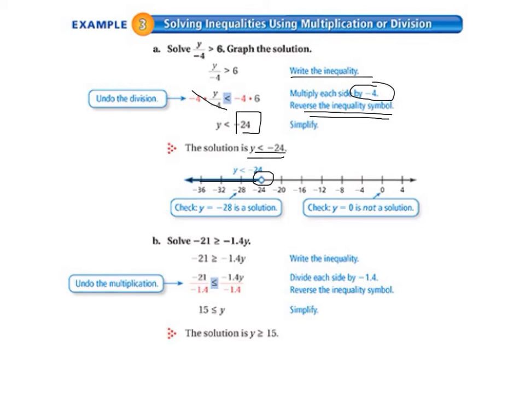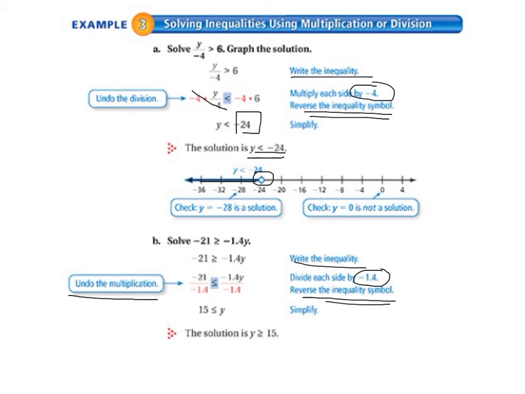Letter B says solve negative 21 greater than or equal to negative 1.4y. So of course we write the inequality and we divide each side by negative 1.4 in order to undo the multiplication, and we reverse the inequality symbol because negative 1.4 is negative.